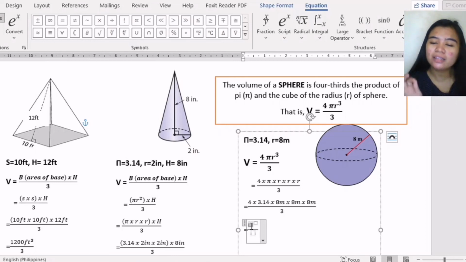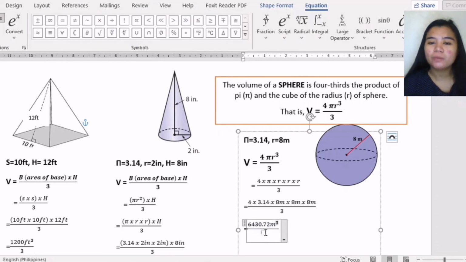And then 803.84 times 8 again, that is 6,430.72. And then meter times meter times meter, that is cubic meter.